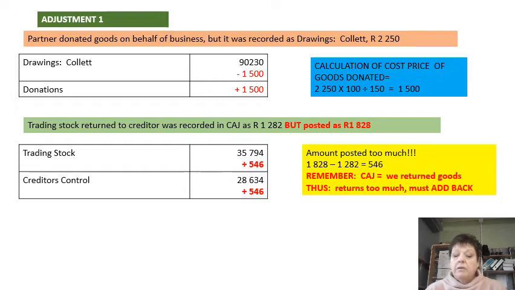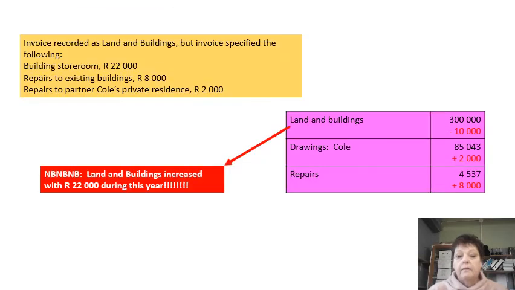So if the returns were too much, we have to add back. That is why there is a plus 546 next to trading stock and a plus 546 next to creditors control, because when we return we minus too much from trading stock and minus too much from creditors control.